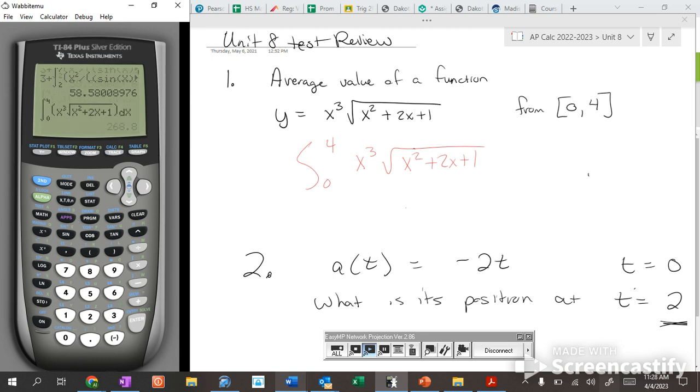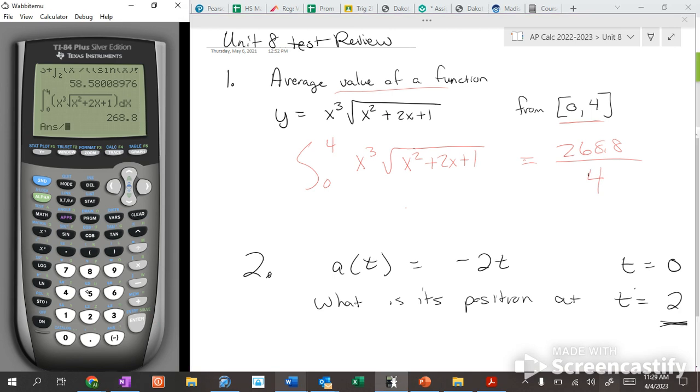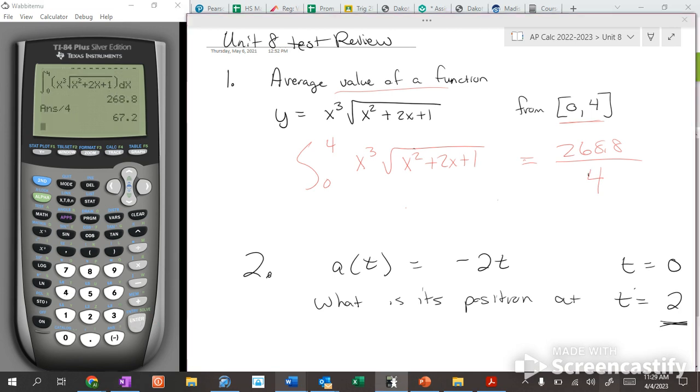If we do that, we get 268.8. Well, 268.8 is the total amount, not the average. So we have to divide by 4 minus 0, which is 4. If we divide that by 4, the average value of the function is 67.2. Okay? Average value.